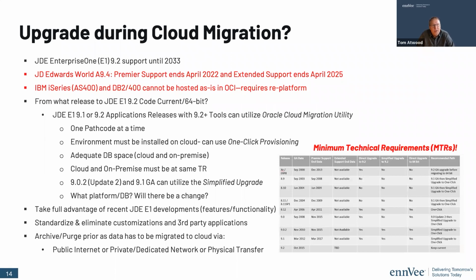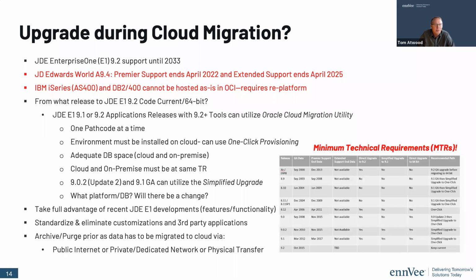So if you're at 9.1 or 9.2 with a 9.2 tool set, you can do the Oracle Cloud Migration utility. And that's really handy. You can do one path code at a time, and you can go from PD to dev in the cloud. There are a lot of options you can configure, and once you have it configured, you can run it over and over again.